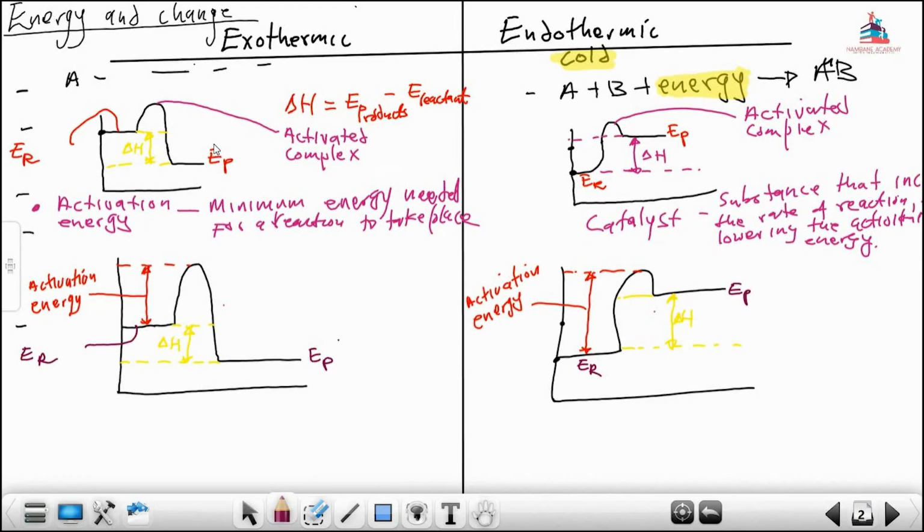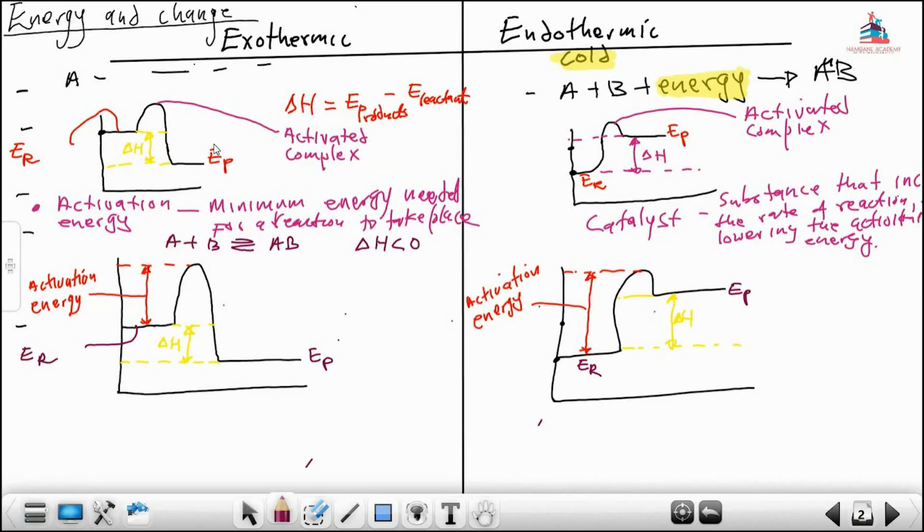But when we get into questions, we are going to be given a reaction which is A plus B with two arrows now that gives us AB. And the examiner will say delta H is smaller than 0.